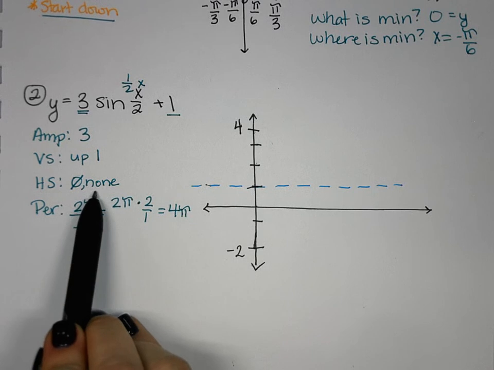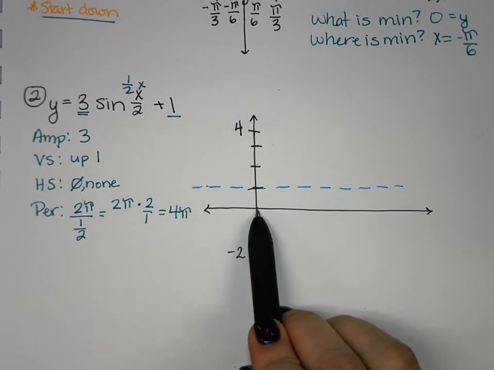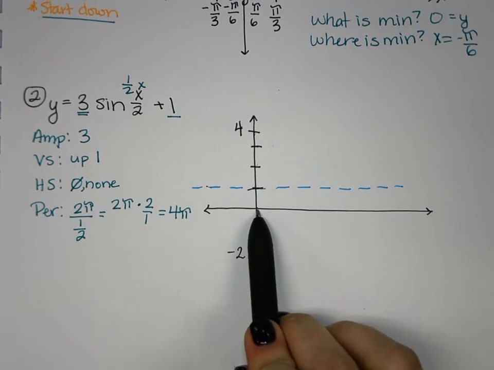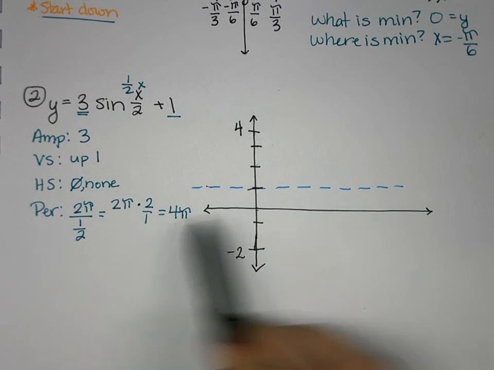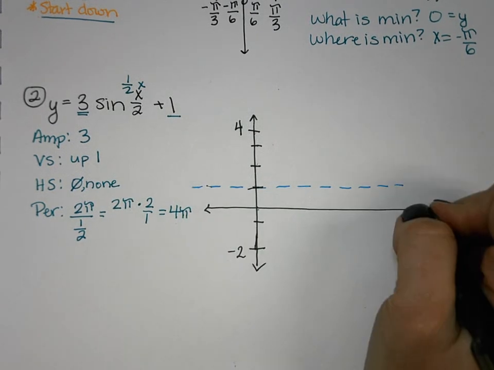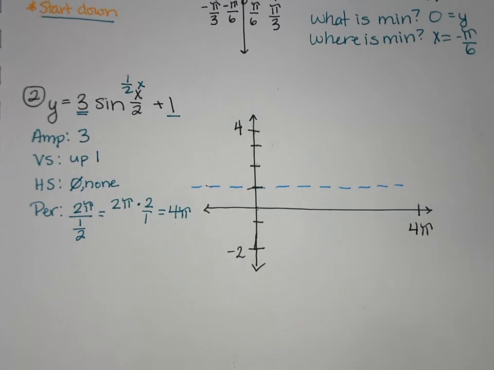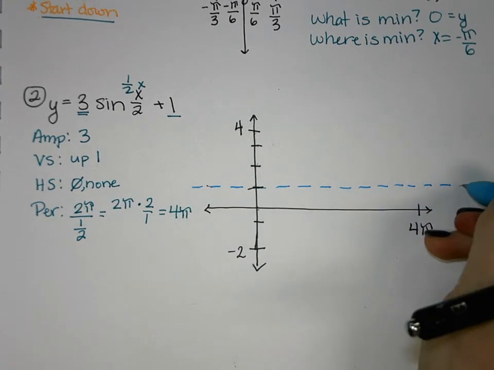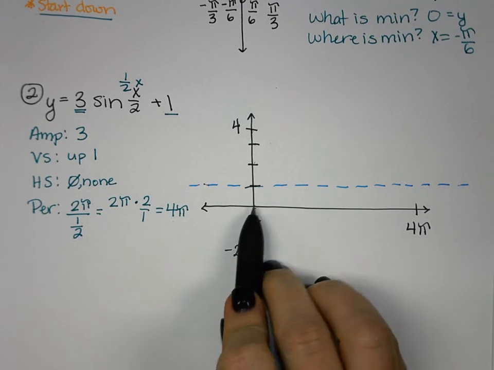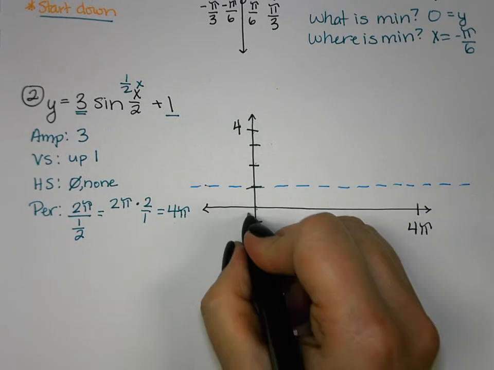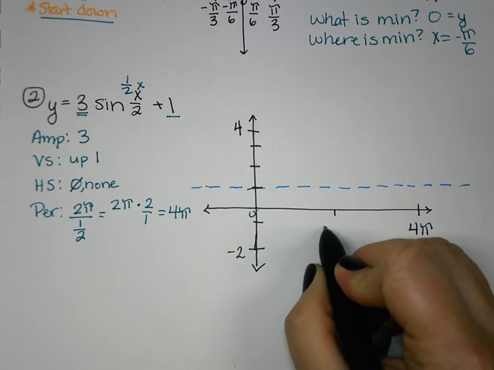Next up, I need to figure out my period and my starting point for my x-axis. Because there was no horizontal shift, I can start at 0, where I normally start. But my period has to go for a total of 4 pi. So that means I'm going to end all the way over here at 4 pi. So then what's halfway between 0 and 4 pi? 2 pi.